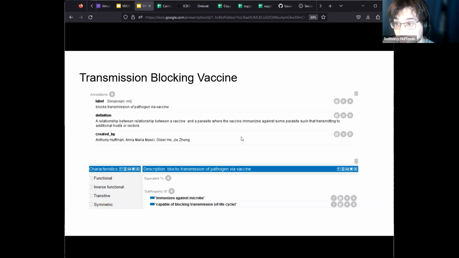Right now we list this as a subproperty of both the primary immunizes against microbial organism, but also of the capable of blocking transmission of life cycle property, which specifies a further relationship downstream.